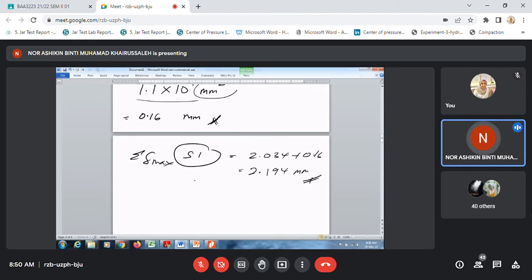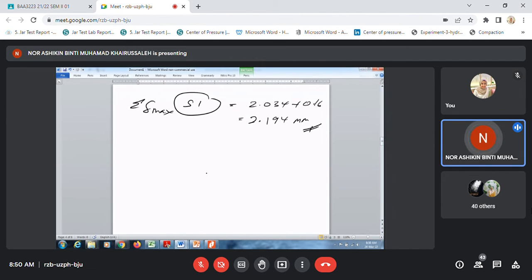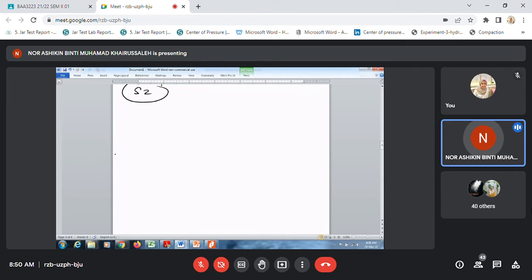This is only from slab 1. So by using the same method, you have to calculate for slab 2. Now slab 2 will be 3 kilonewton per meter squared times 1 meter. So you will get 3 kilonewton instead of 4.5.